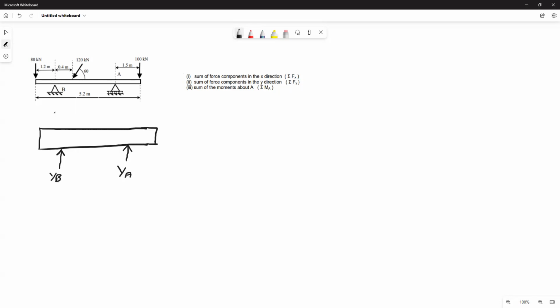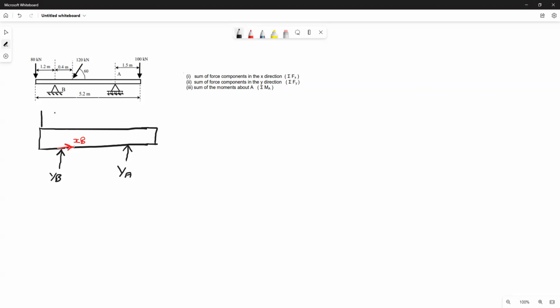There will also be a horizontal force, XB. That force is obviously 0. Then I'll proceed by adding the forces.